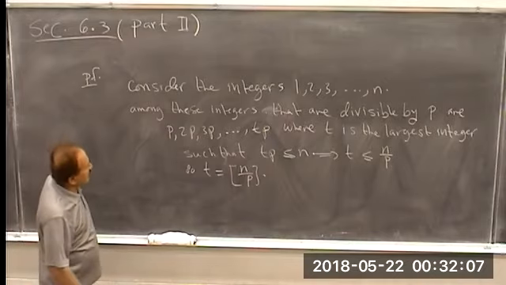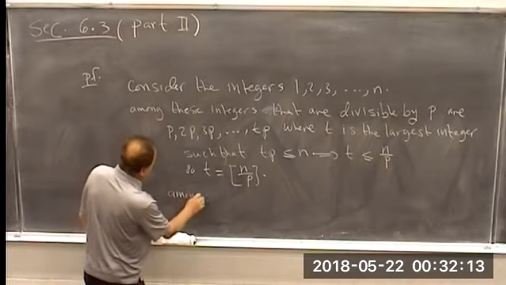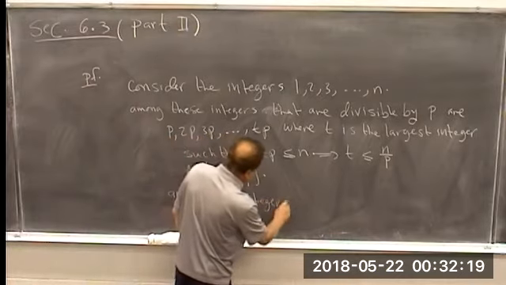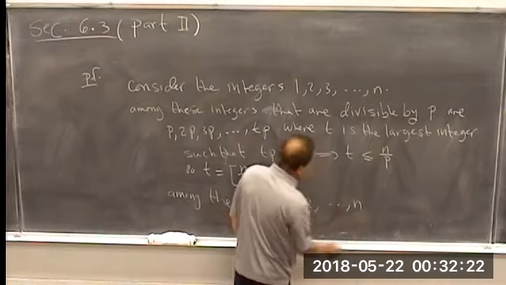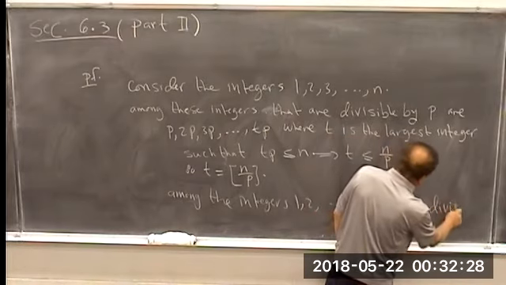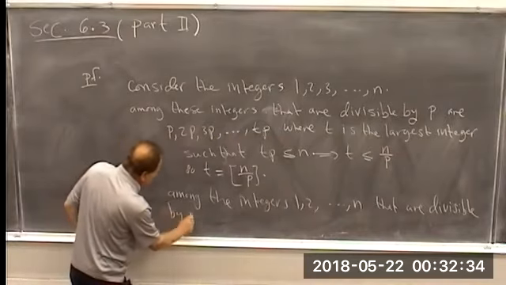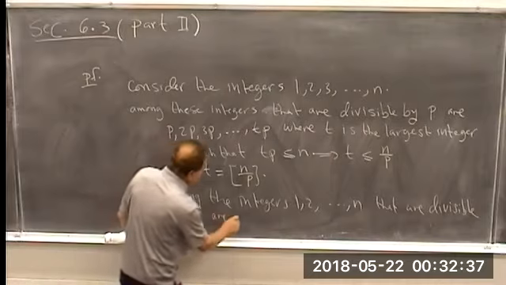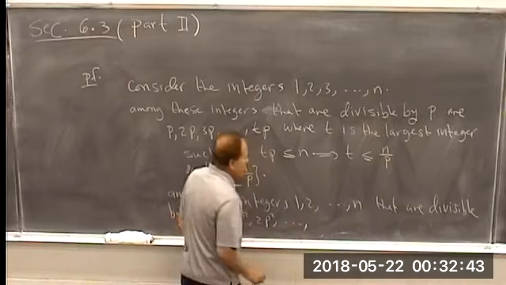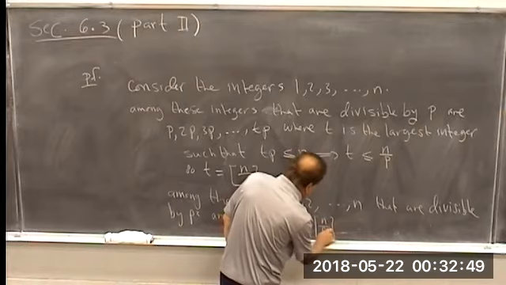Then we're going to look again among the integers 1, 2, up to n that are divisible by p squared. These are p squared, 2p squared, and the last one is, again, the floor of n over p squared, times p squared.